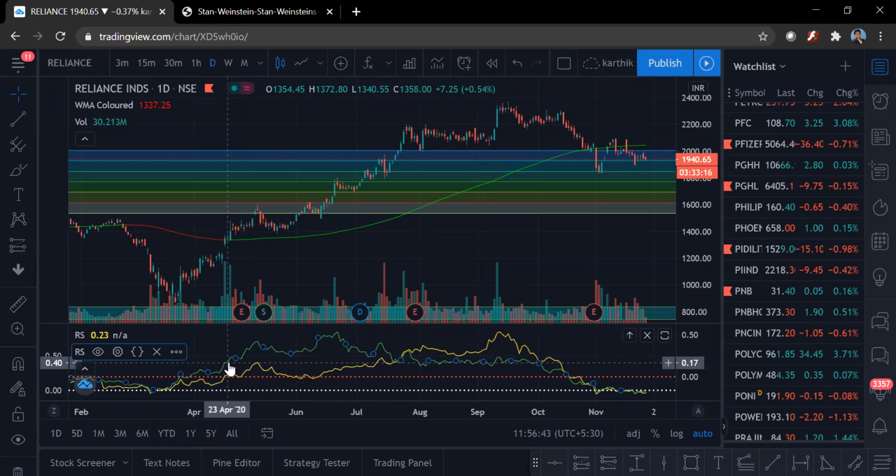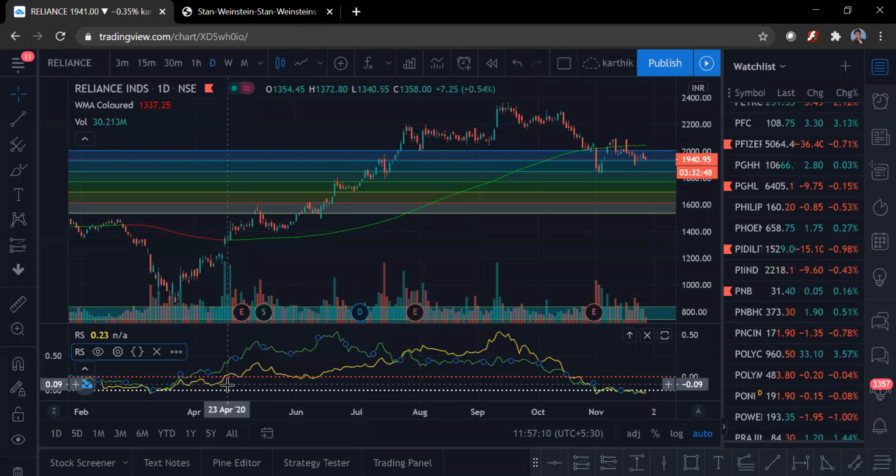If it doesn't, then the green line, that is the 61-day RS, will be below its zero line. The same thing with the 123-day RS also. If the stock is performing better than Nifty at 123 days, the line will be above the white zero line. If not, it will be below the zero line.